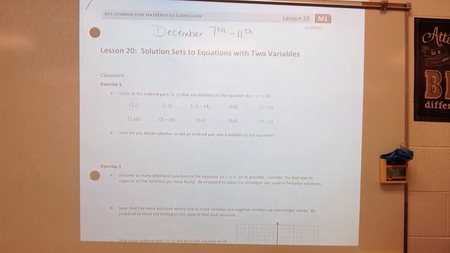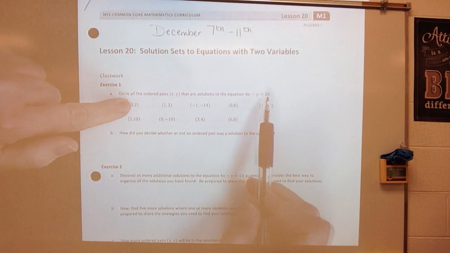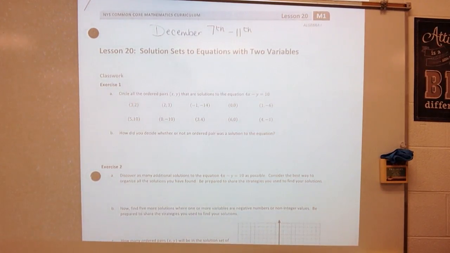Alright, so let's go ahead and look. It says circle all the ordered pairs that are the solution to the equation 4x minus y is equal to 10. Basically what I would do is plug in 3 for x and 2 for y and see if it gives me a true statement.